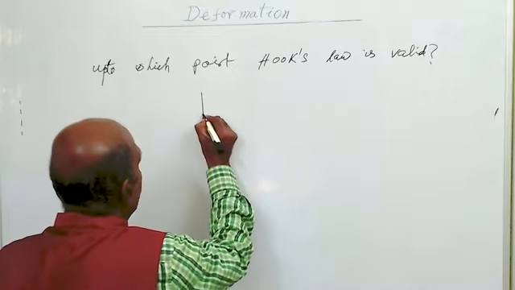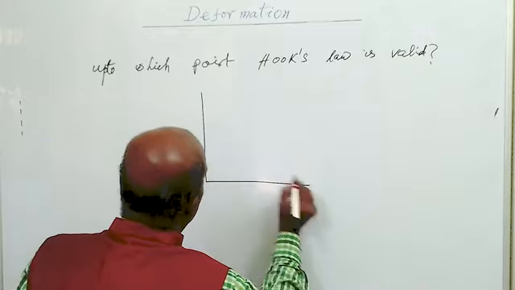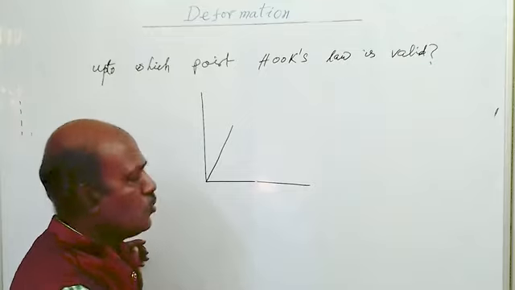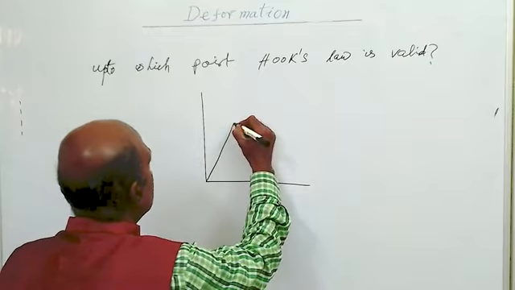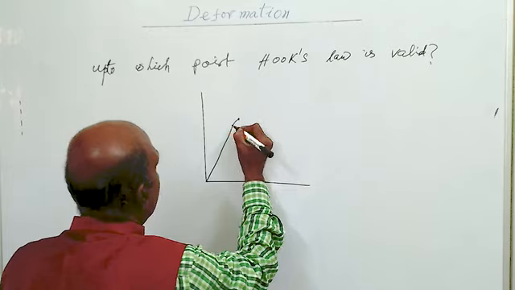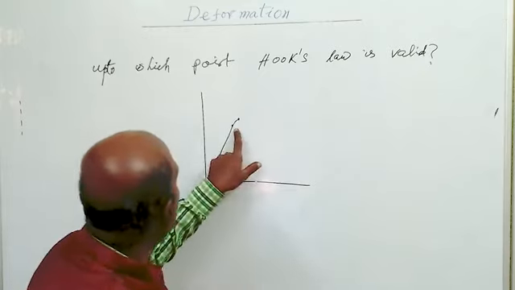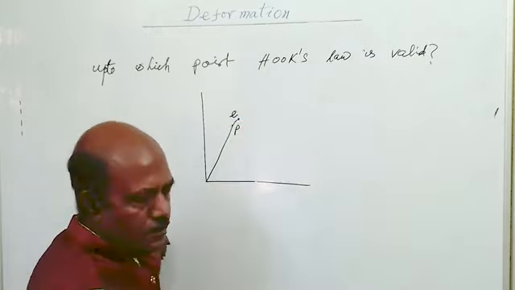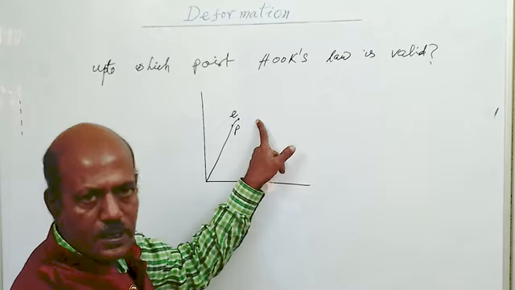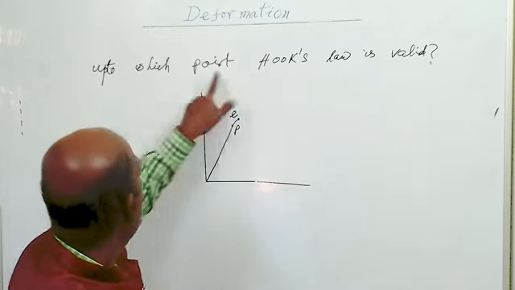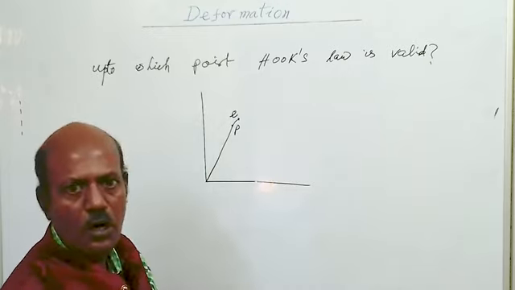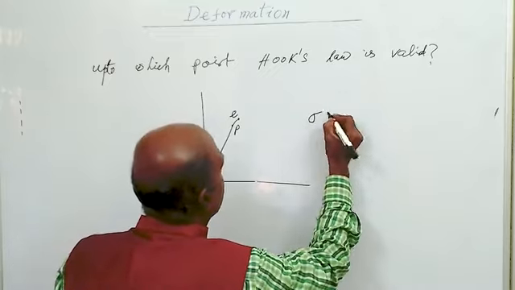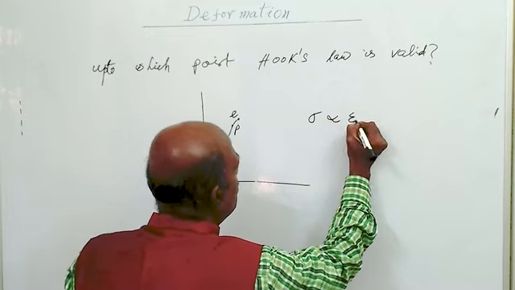In this stress strain diagram, the first part is the straight line. This point is the proportional limit, and this point is the elastic limit. The body is fully elastic up to point E, but as per the definition of Hooke's law, within the elastic limit, stress is directly proportional to strain. So we can write stress is directly proportional to strain.